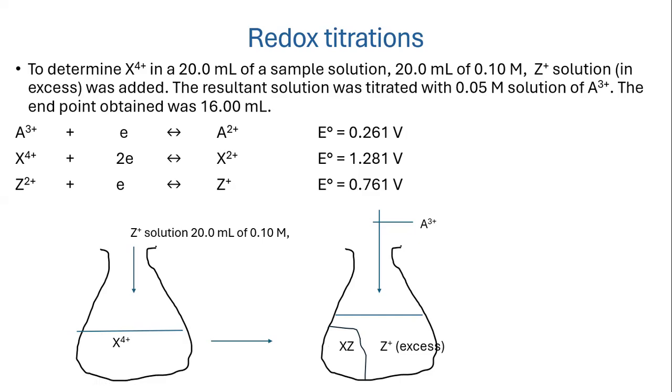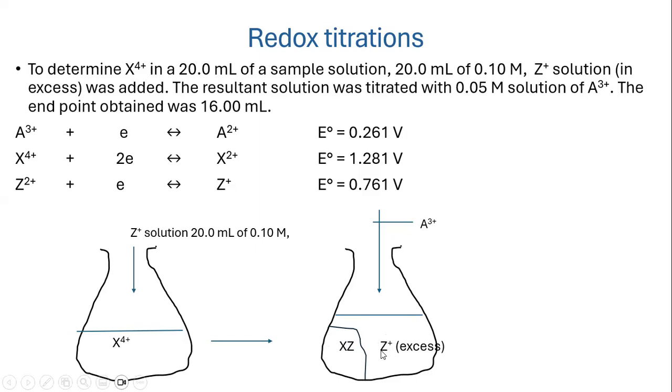Because for a redox system to be in equilibrium, you have to have both species, oxidized species as well as reduced species. But for A, you have only the reduced species in the solution. But for Z, until the end point, you have Z plus as well as Z2 plus. So only that half cell potential will be governing the potential of the whole thing.